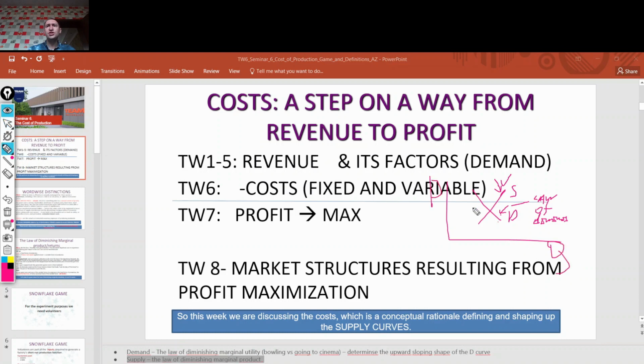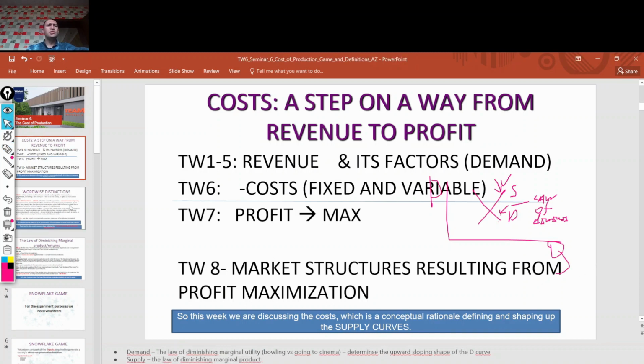Knowing the shape of the curves and the laws underlying them, we can be competent enough to make predictions about how the market will react to that interference or that interference, to that disturbance or that disturbance, or also to internal factors like P's and Q's themselves.